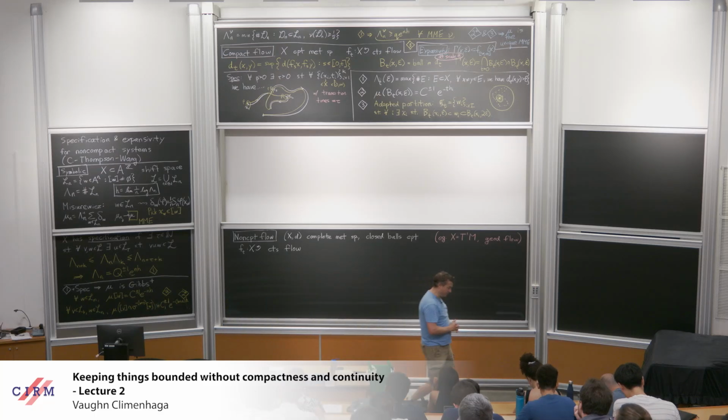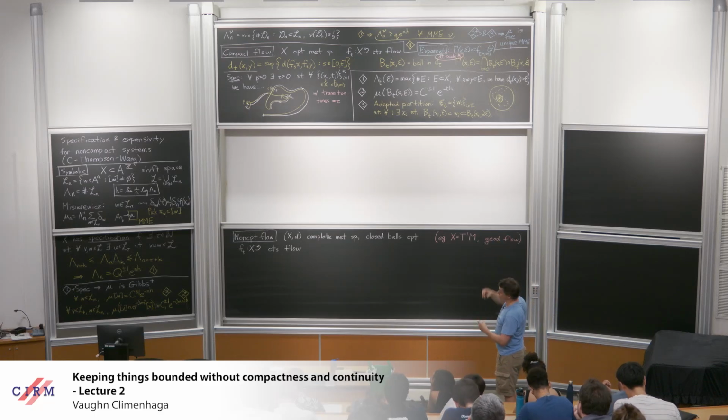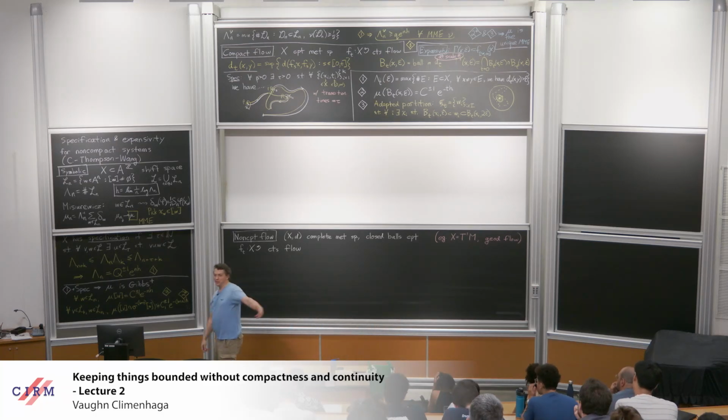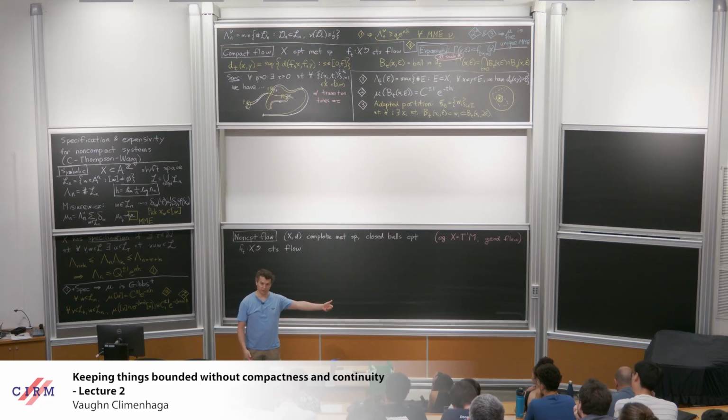Things break immediately because if you look at lambda t, which is how many of these epsilon-separated points you can fit in your space, well, it's non-compact, so it's infinitely many. So immediately, lambda t is infinite. This is, of course, exactly the same problem that you run into if you want to do thermodynamic formalism on, say, a countable state Markov shift.